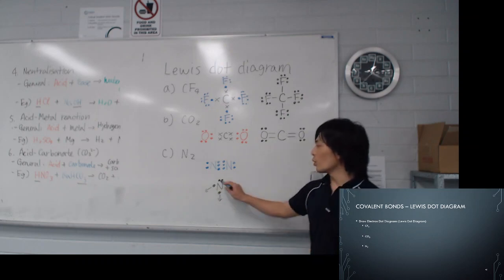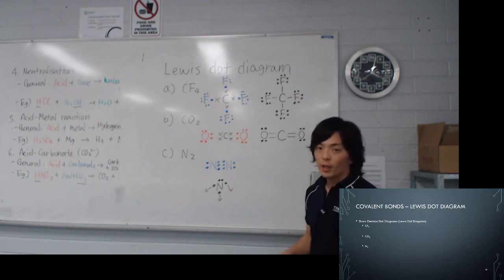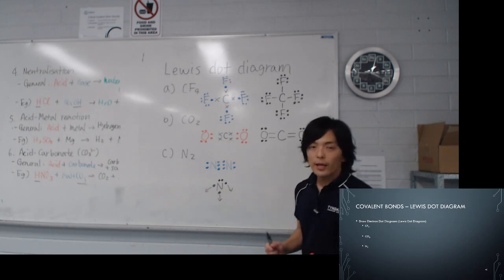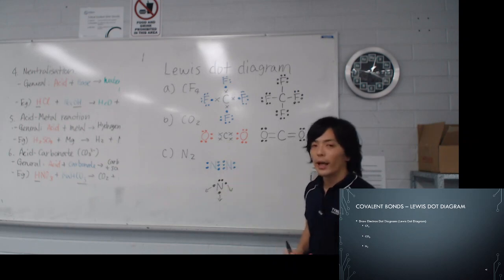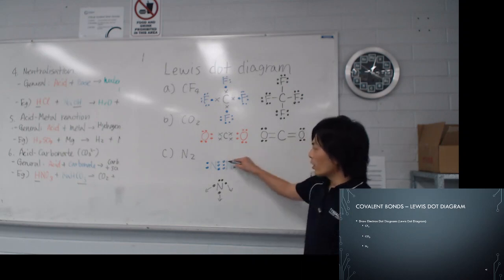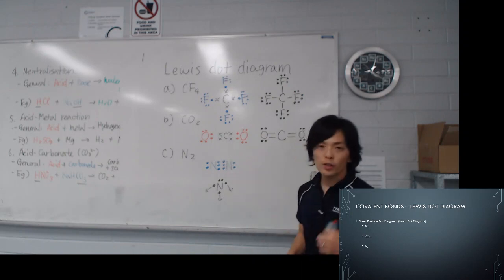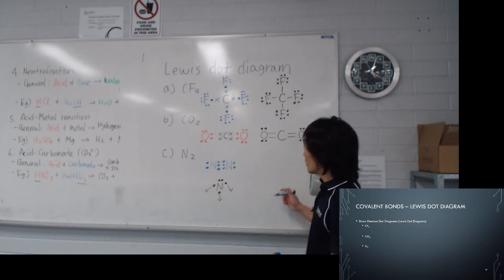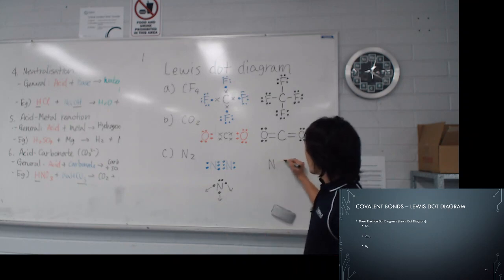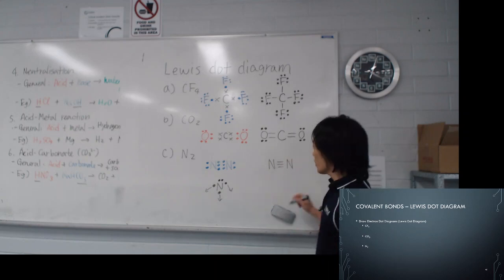So you would need to use these 3 only. I should just draw one nitrogen. The partner here is another nitrogen atom. You have 3 hands and the partner has 3 hands. So why don't you just match those up? So you would have 6 electrons shared between the atoms. That makes N triple bond N. That's nitrogen.